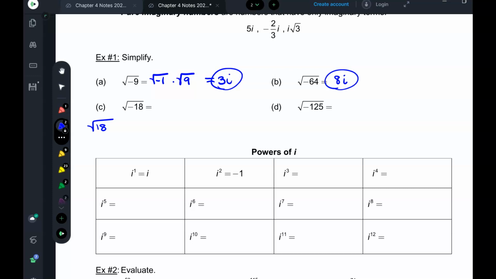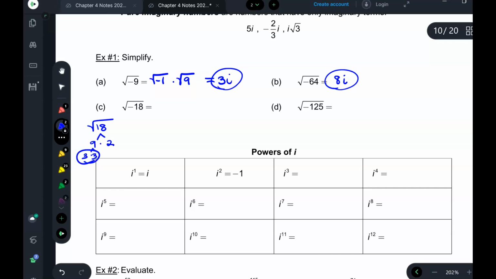I could do a factor tree, or 9 and 2, and 3 and 3. Remember, the pair of numbers comes outside the square root. So this would be 3 root 2. I'm going to put the i in front of the radical so I don't accidentally put it underneath. So I'm going to write it as 3i root 2.